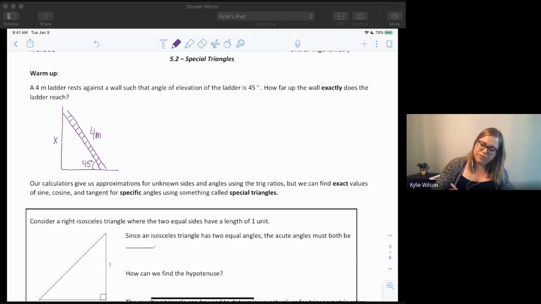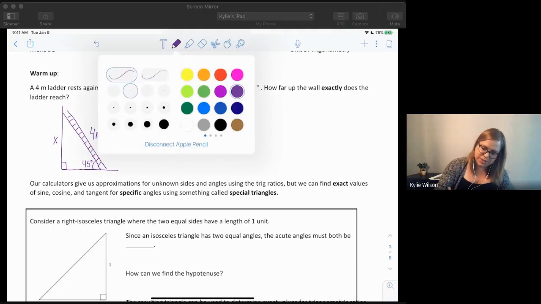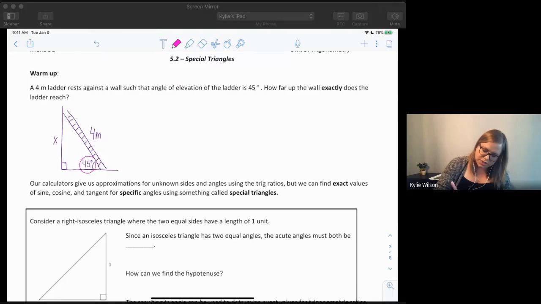Now, we first notice that it's a right angle triangle because of that wall and the floor. And so I can use SOHCAHTOA. So now I'm just going to circle my given angle and label the sides that have stuff on them. Across from the right angle is my hypotenuse, and across from my angle is my opposite side. So the only ratio that uses opposite and hypotenuse is sine.